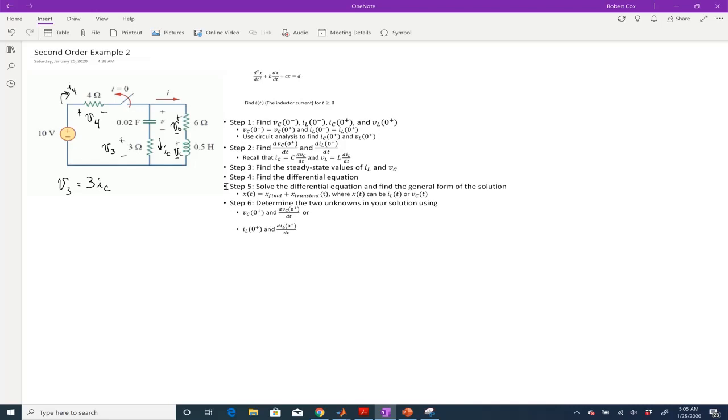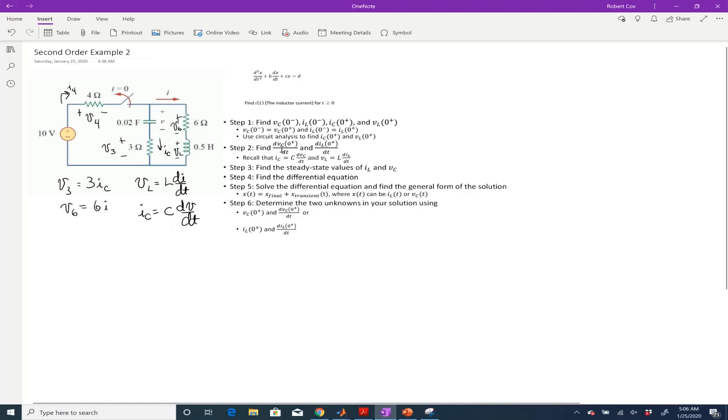And I'm going to be careful to define the voltage across the 6 ohm resistor as 6 times I. And V sub L is L di/dt, and IC equals C dV/dt. I'm going to be careful to do that because if for some reason the current starts going in the opposite direction, the signs need to change here. So we're going to use that later.